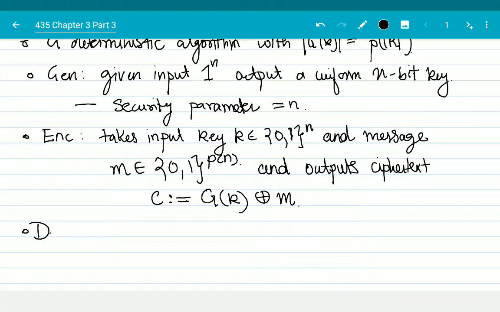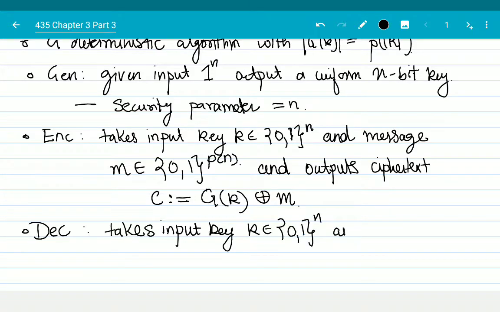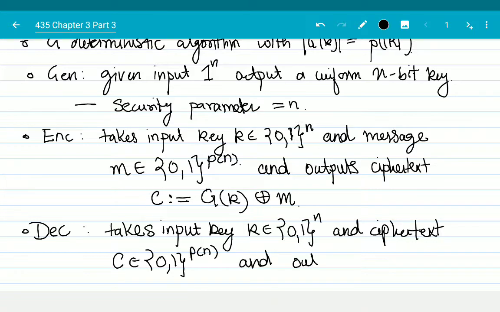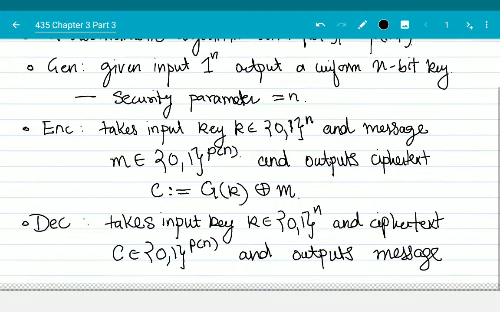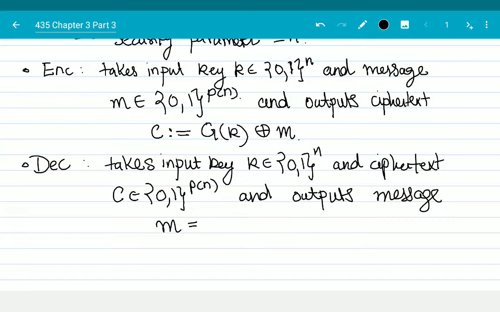What did decryption do? The exact opposite. It takes as input a key k belonging to 0,1 to the n, and the ciphertext c in 0,1 to the p of n, and outputs the message m, which is c XOR G of k.